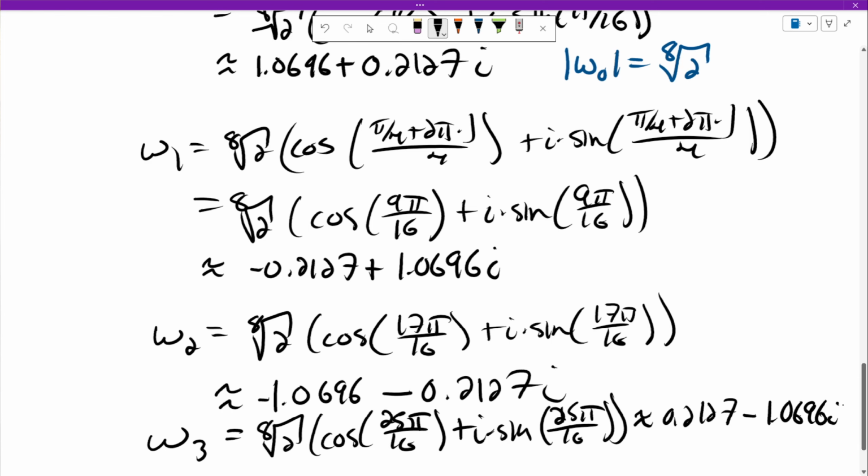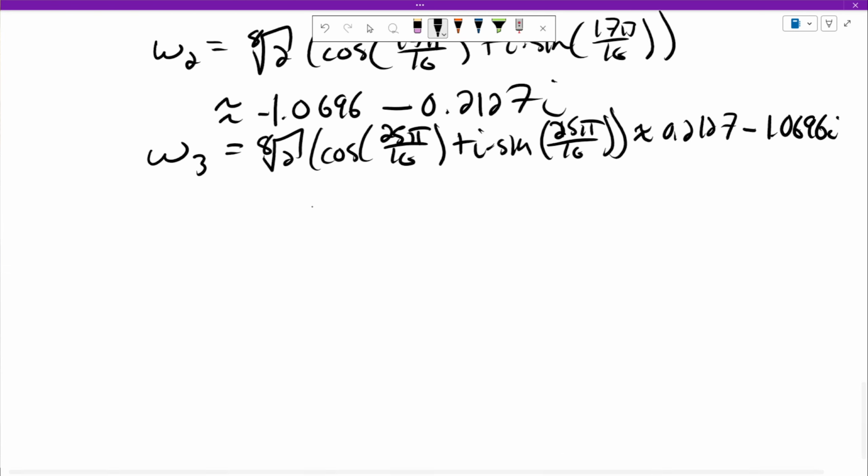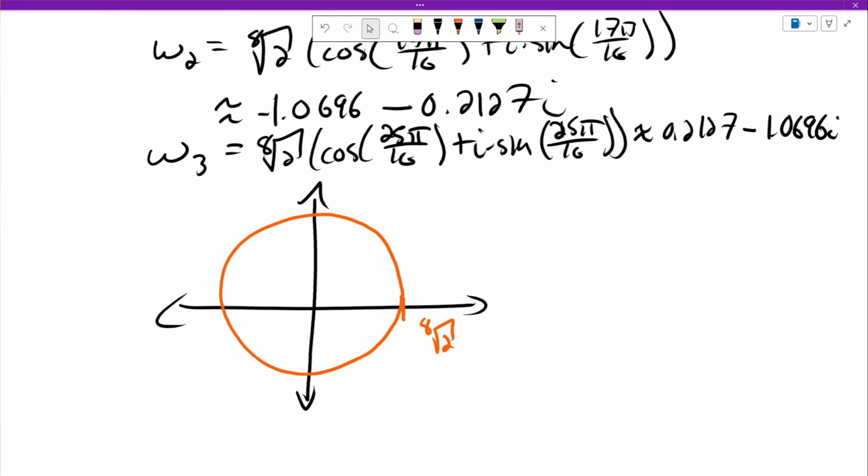And let's take a moment and graph these all in one graph this time. So here is going to be a circle, and our circle is not radius 1 this time. Our circle is going to be radius 8th root of 2, whatever that number is.